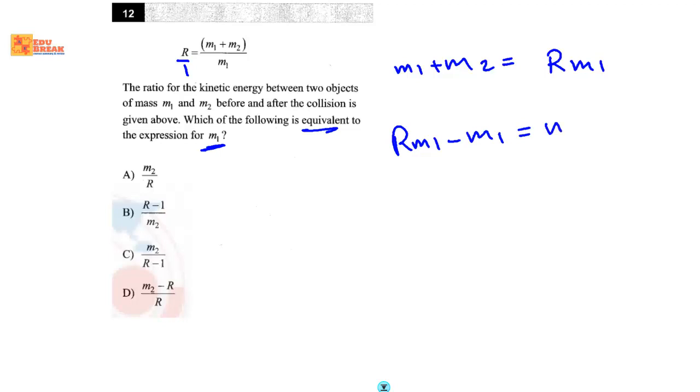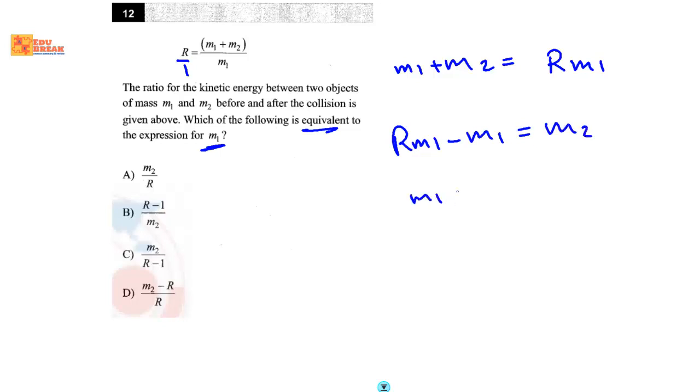Question 12, we have r equals m1 plus m2 over m1, and which of the following is the expression for m1? We want to find the value of m1. Okay, using cross multiplication, so we have m1 plus m2 times 1 equals r times m1, so we can write r m1 minus m1 equals m2.